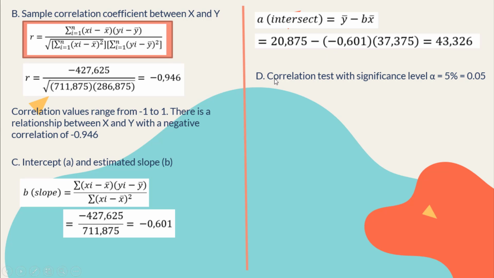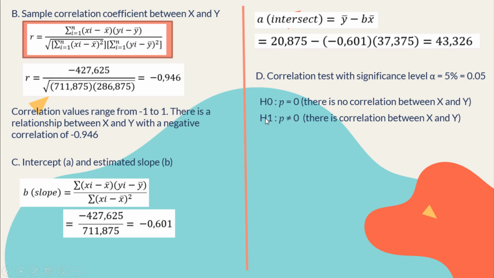Point D is about the correlation test with significance level alpha equal to 5%, or 0.05. So we determine H0: rho equals 0. It means there is no correlation between X and Y. For H1: rho not equal to 0.